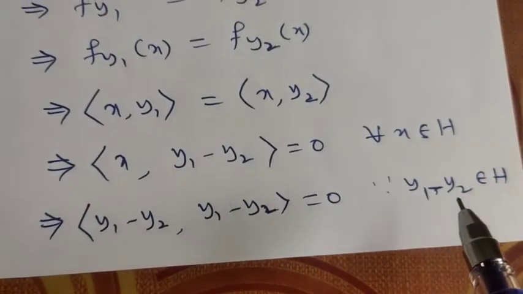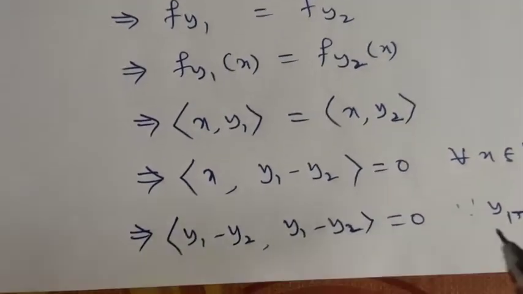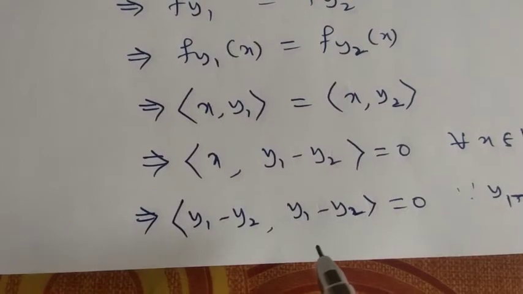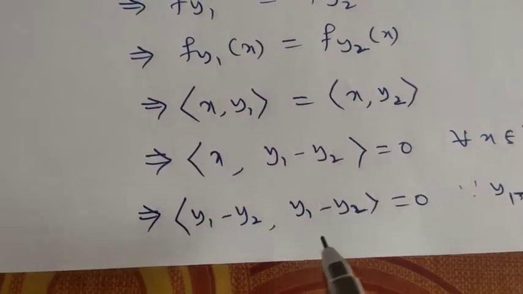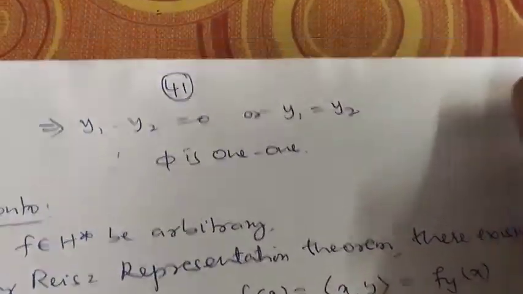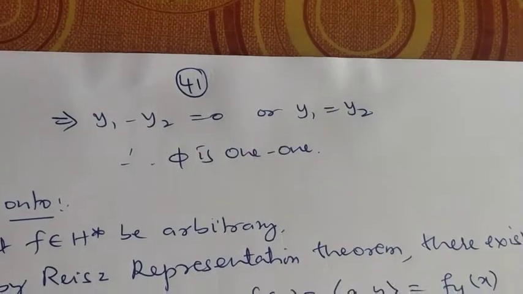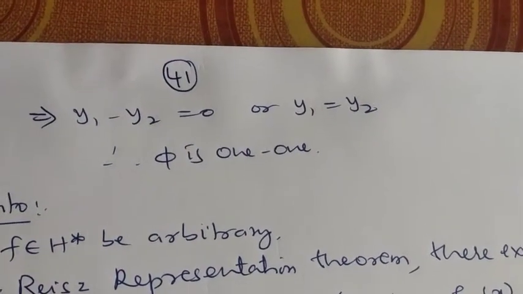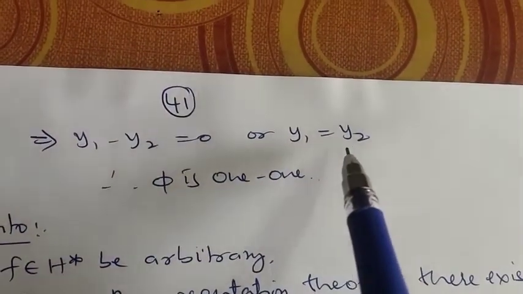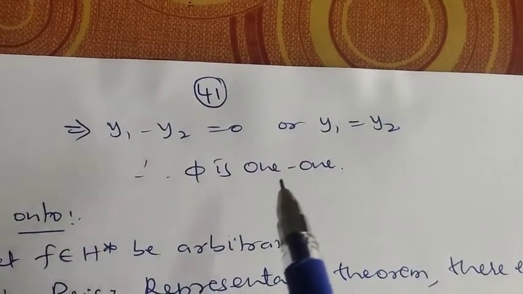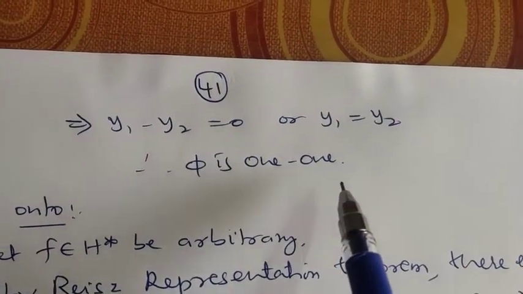Inner product of y1 minus y2 with itself being 0 means y1 minus y2 itself is 0, which means y1 is equal to y2. Thus, we have taken phi of y1 equal to phi of y2 and shown that y1 is equal to y2. Therefore, by definition, phi is 1-to-1.